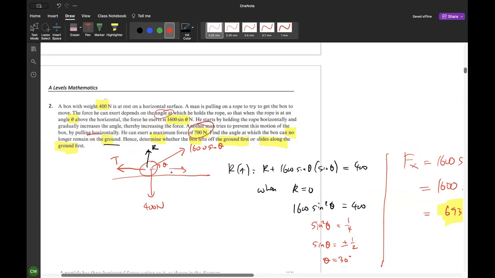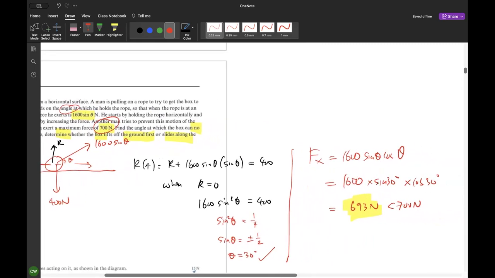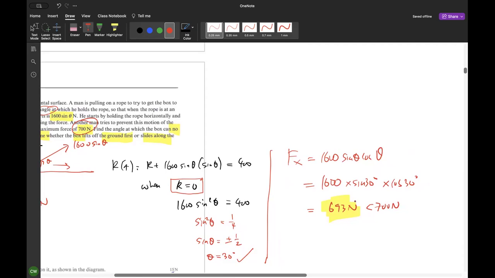When it increases up to 30, then it will go up already. So 30 will cause R to be 0. At 30, the force to the right is this much. If you want to move, you need 700. Not yet, maybe 700 and it is already up.